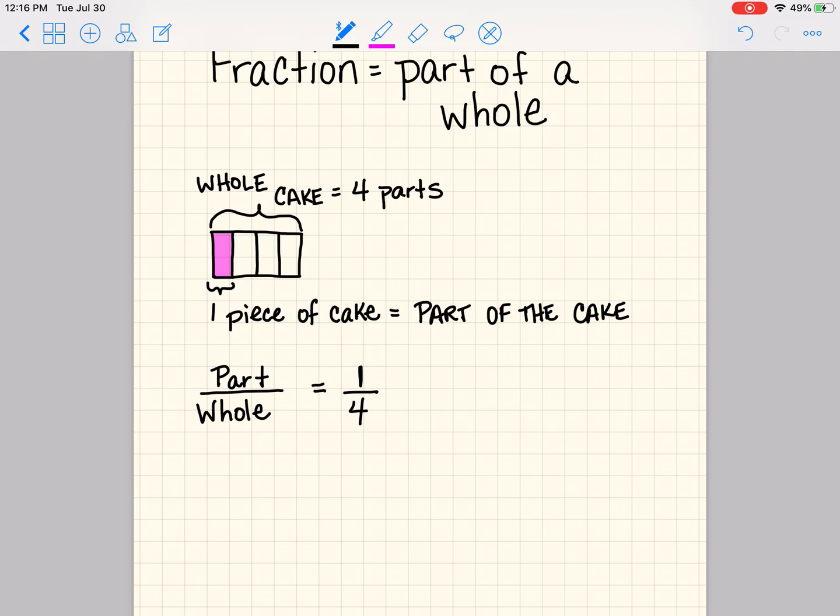Now, we have some specific vocabulary words that go with our fractions. So this part of the whole is called the numerator. So that's the numerator of the fraction. The bottom part is called the denominator.